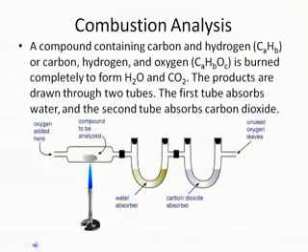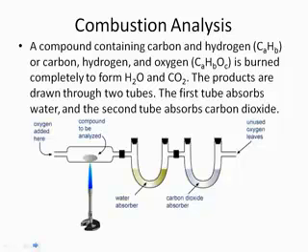All right, the last thing we're doing is something called combustion analysis. Again, this is a typical analysis that would be done in a lab to determine the composition of an unknown substance. And in this case, it's an unknown substance that contains carbon, hydrogen, and possibly oxygen.